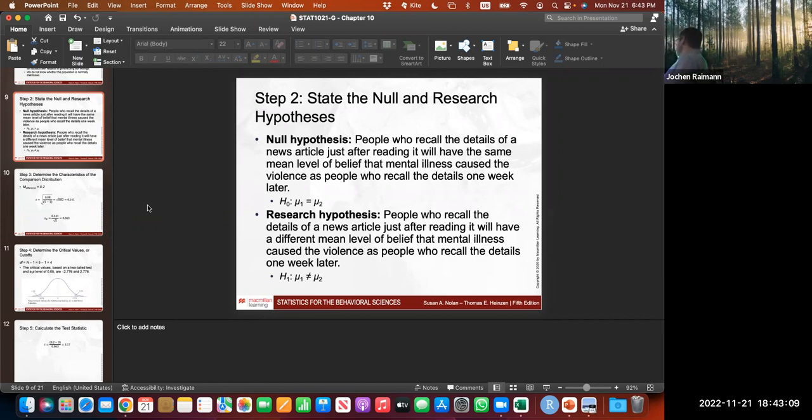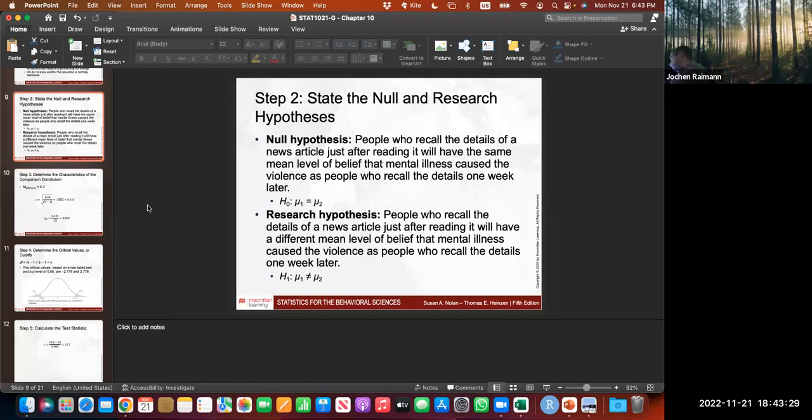It's an example where people recall the details of a news article, and they're comparing the perception of people that there was mental health or mental illness involved in that violent act that was being reported.